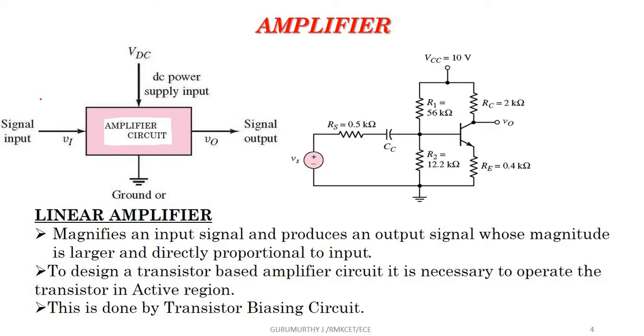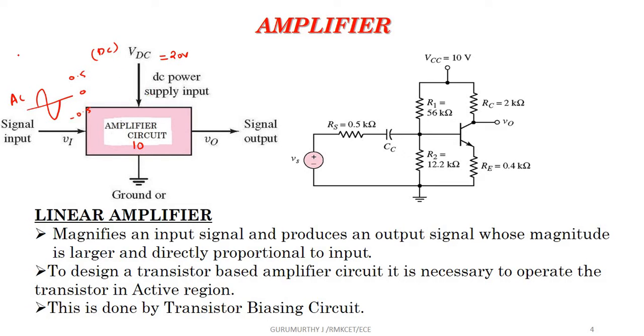Suppose this is your input to the amplifier, and the gain of the amplifier is 10, and you are going to supply a voltage of 20 volts DC to the circuit. This is your AC and this is your DC. Suppose this is 0.5 and this is minus 0.5.